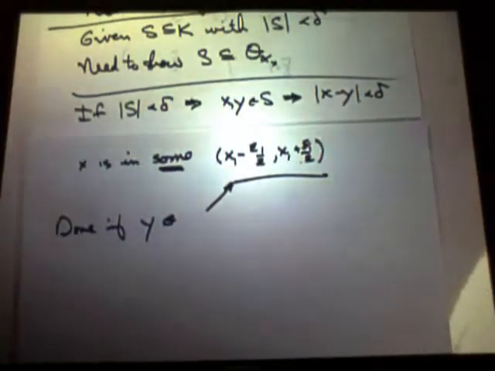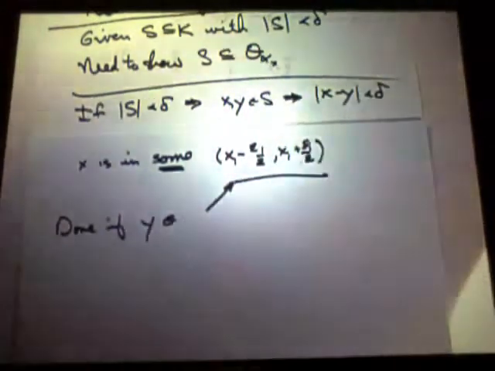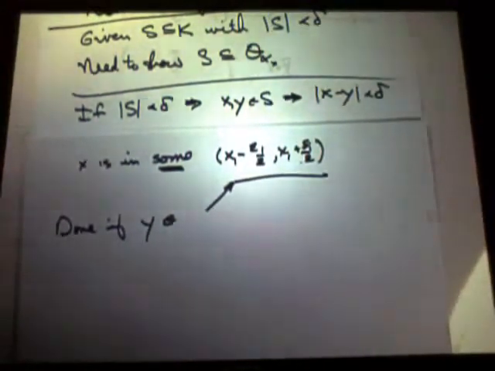Now, why would y be in that if the distance between x and y is less than delta? Delta was the min of the epsilon i over 2.